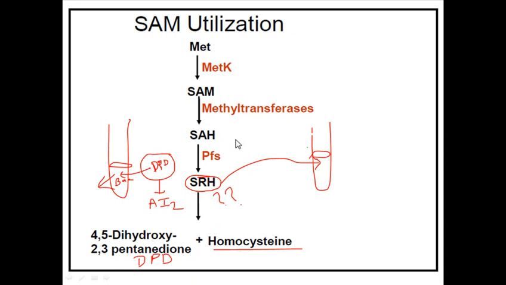After some time we extract all these things, we remove homocysteine and DPD molecule, and finally end up with some products, some molecules. Those molecules are definitely produced by the bacteria, but what kind of gene produces these molecules? To know the genes responsible for making the molecules that convert the SRH into the DPD and homocysteine, we need to go through another approach.